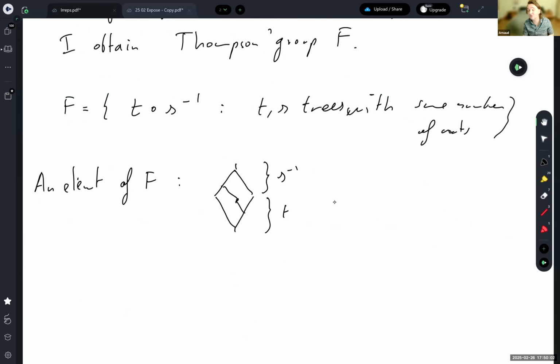This description with trees, without talking about categories, was done by Brown in the 80s. It was published in 87.